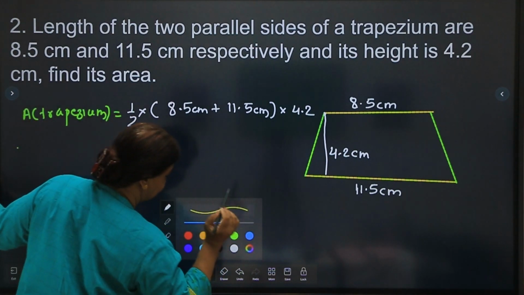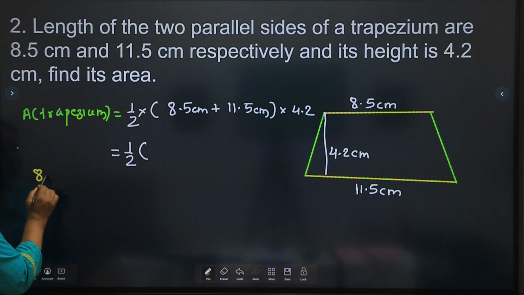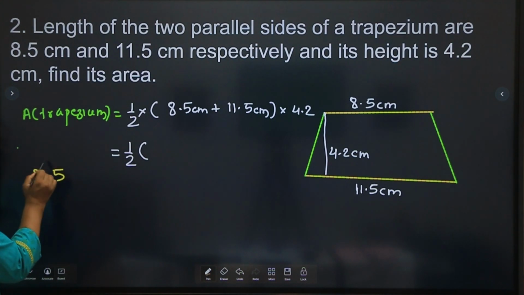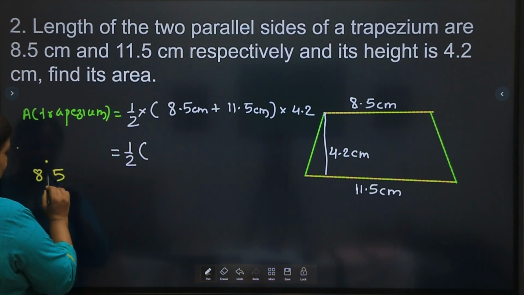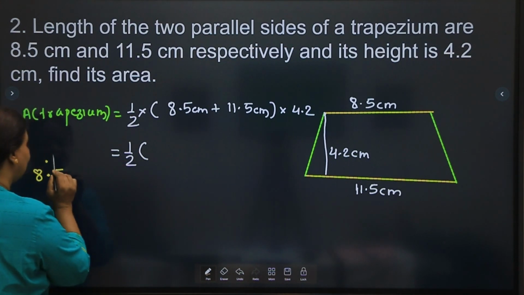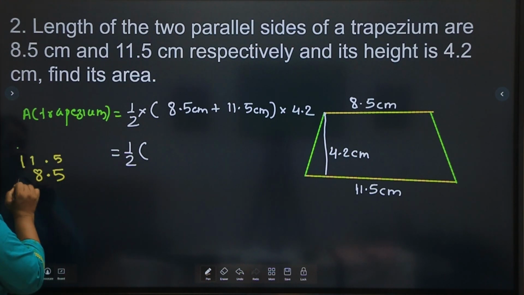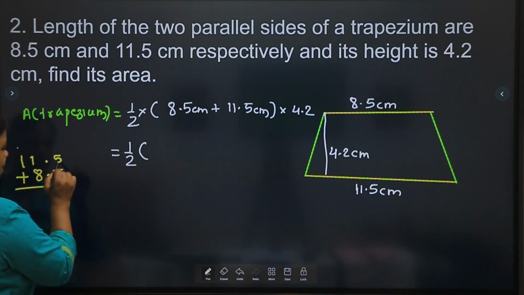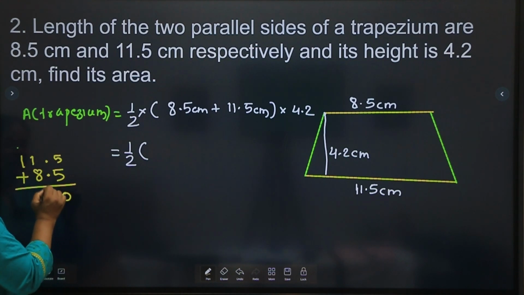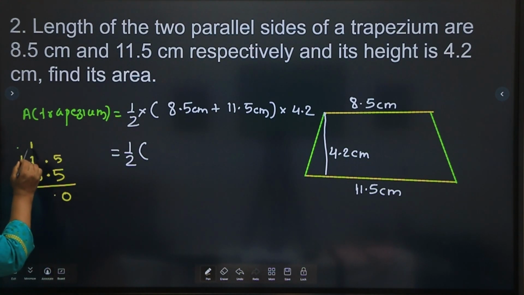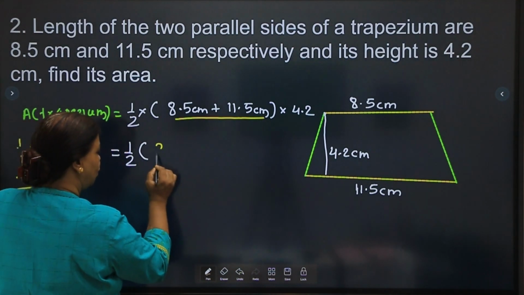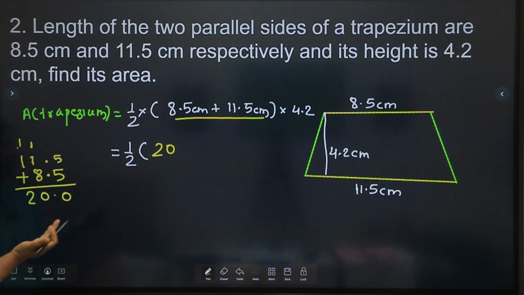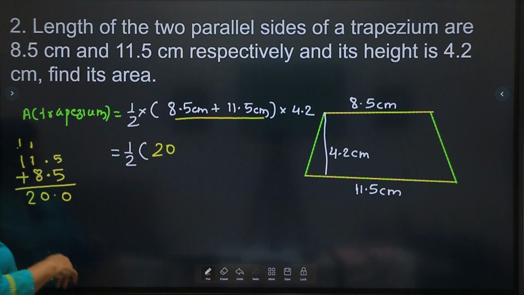Now, how to add? See, children, 8.5 I have to add with 11.5, the decimal point below will come, and 5 will come up and here will come 11, and then you can add 5 plus 5, 10, carry 1, 8, 9, 10, carry 1, 20. So, if you add it is 20.0, afterward you do not have to count.